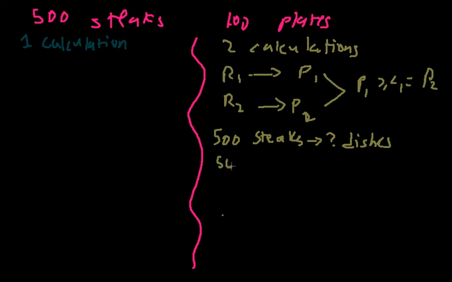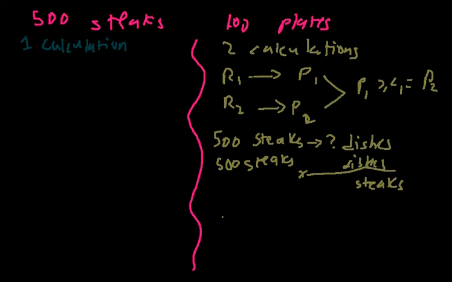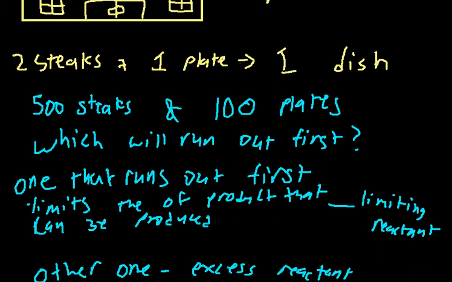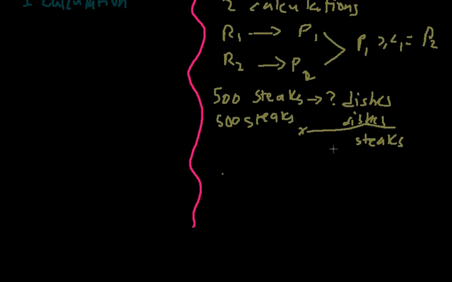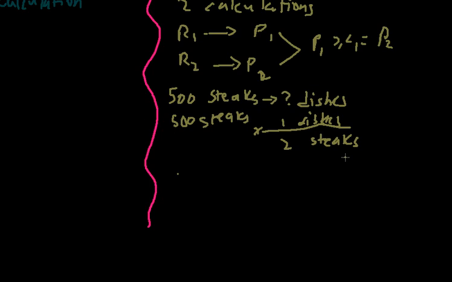We know from our chemical formula that 2 steaks are required to make 1 dish. So how many dishes can we make? Well, if we multiply this out and cross out our steaks, then we know that we can produce 250 dishes.